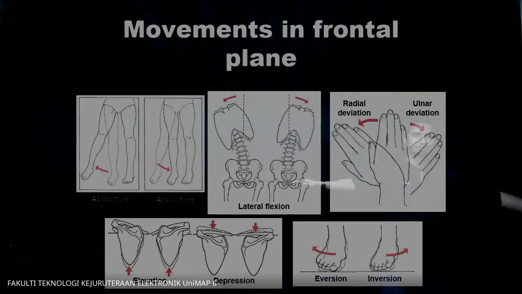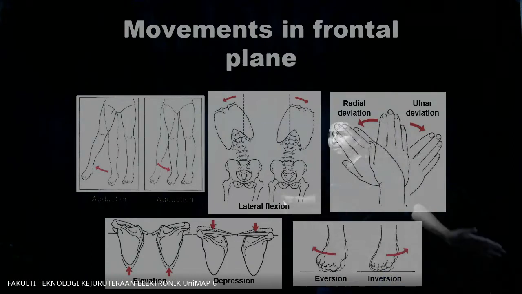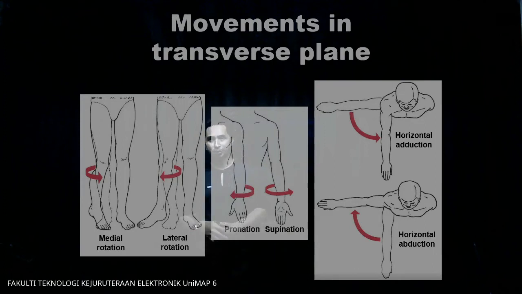Anything that has side movement of our body is related to the frontal plane. Transverse plane, all the rotation involved in the body. Even our hand, our wrist, if we rotate like this, it relates to the transverse plane, pronation and also supination.